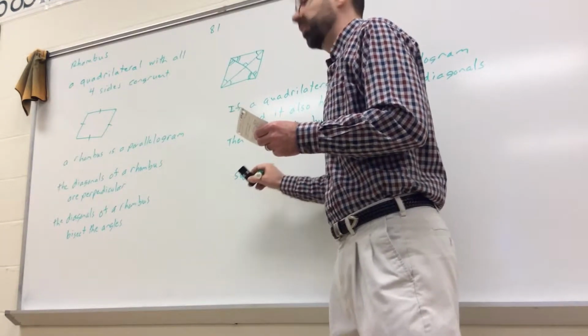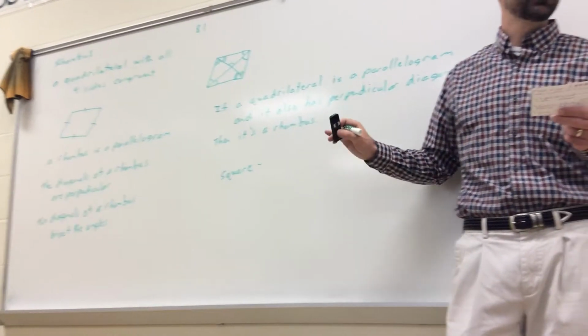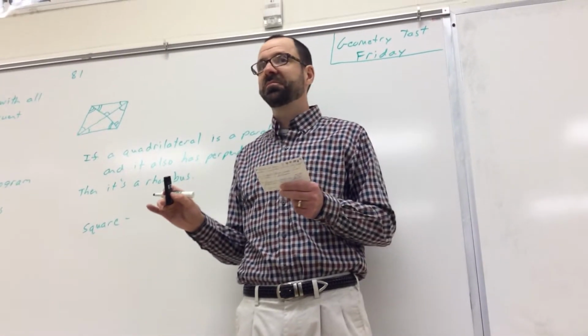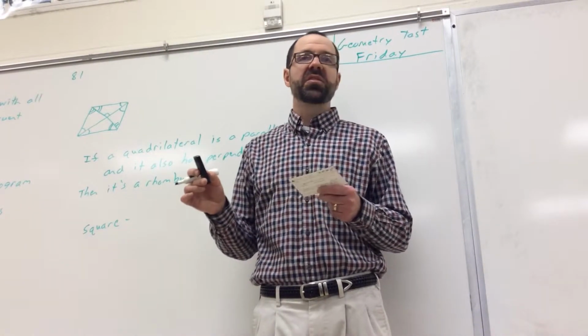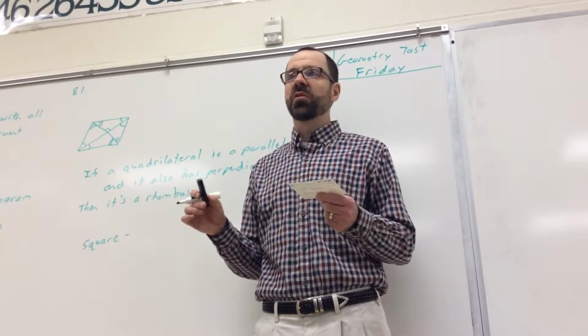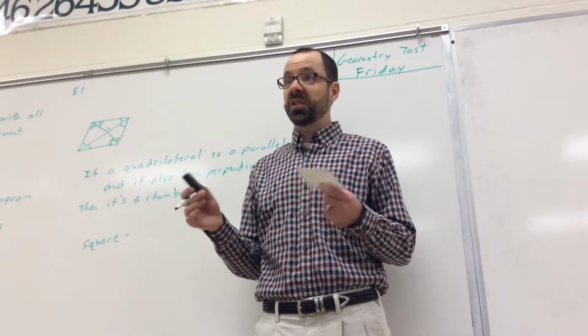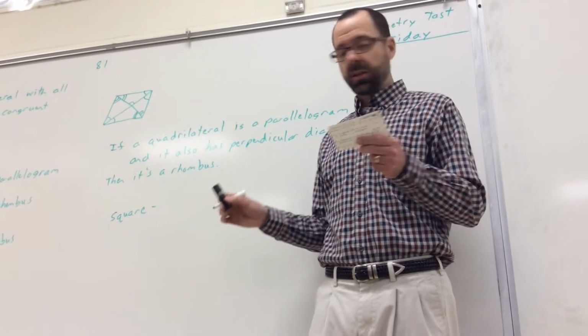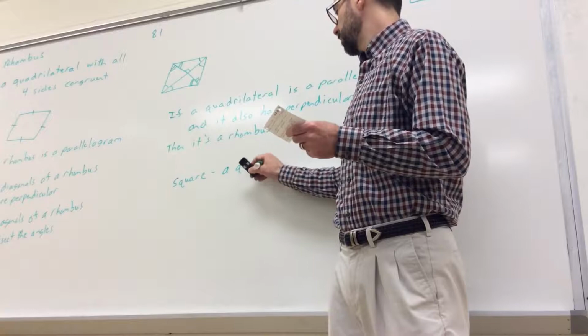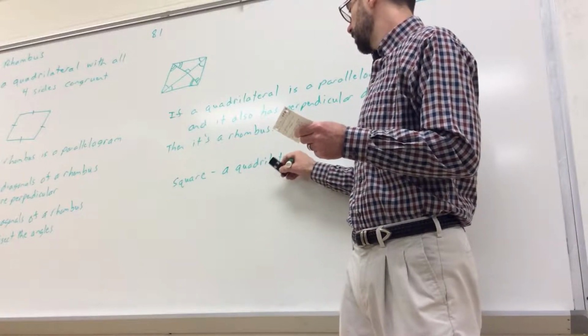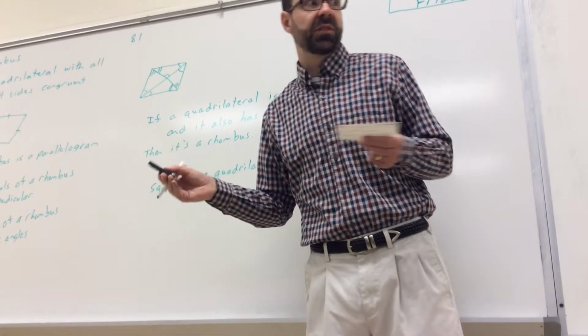Okay, one more vocabulary word. Square. I know you already know what a square is, but I'm going to say it in a different way than you've heard before. I'm going to tell you what a square is. It's a quadrilateral. That's not surprising. It's a four-sided figure.